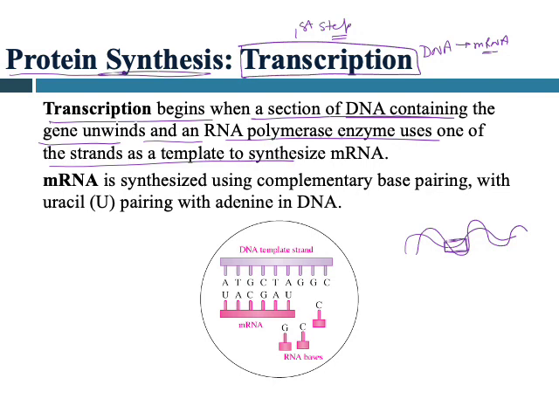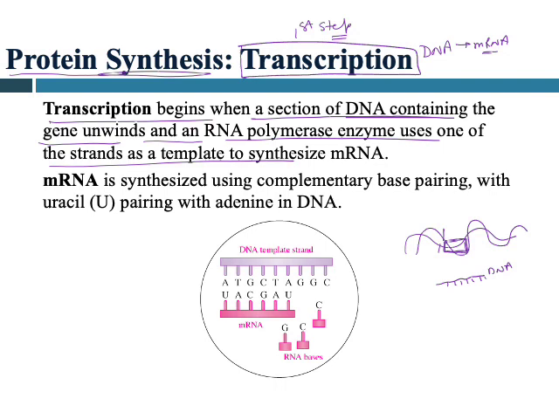Let's take an example. The double helix opens up from this end, this area, and then this DNA that has all the information is open. Once the DNA is open, as we know from DNA replication, the bases have all the information, and to copy the information you have to open the DNA so that the enzyme can copy it.